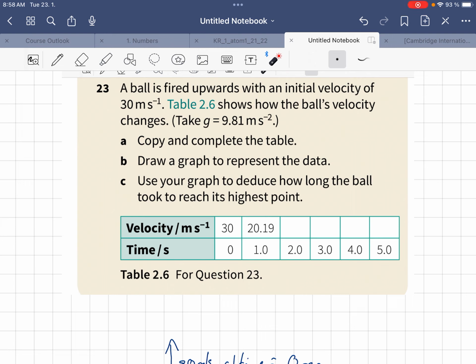Because gravity is downwards and the ball is fired upwards, the ball begins to decelerate at a rate of 9.81 meters per second squared. Or you can say rather that the ball is accelerating at minus 9.81 meters per second squared, or the ball is decelerating, decreasing by 9.81 meters per second.